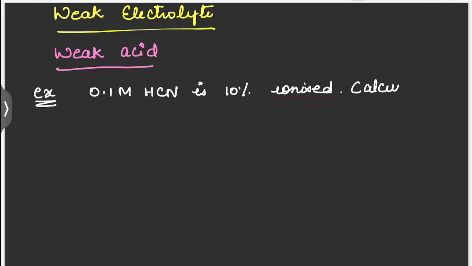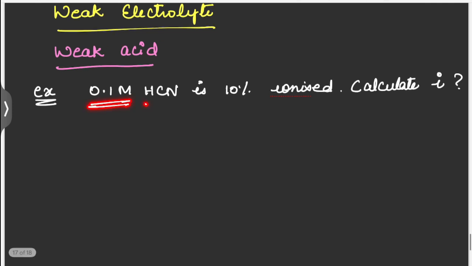Calculate the Van't Hoff factor i. So this is the question. A 0.1 molar weak acid is taken and it dissociates only 10%. So calculate the value of the Van't Hoff factor.